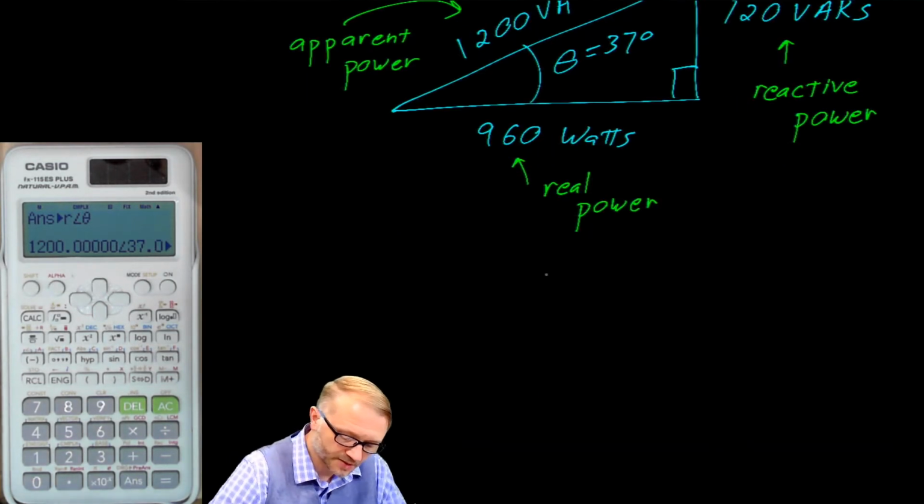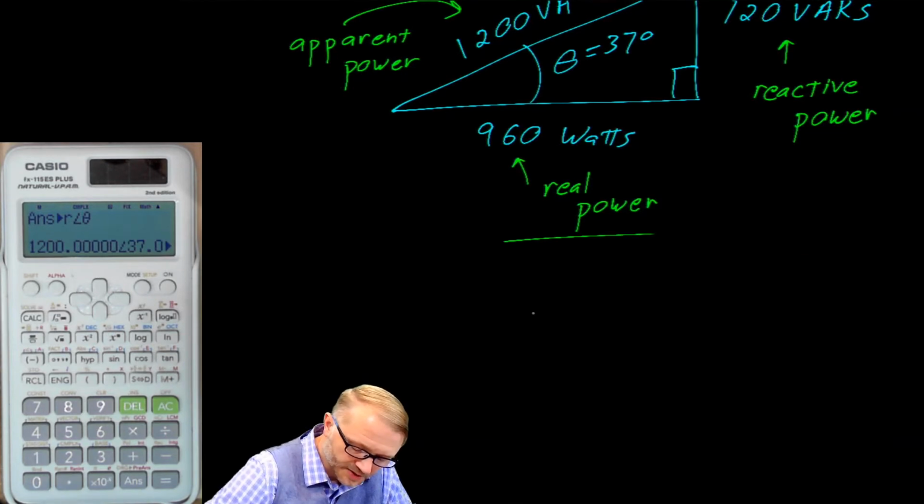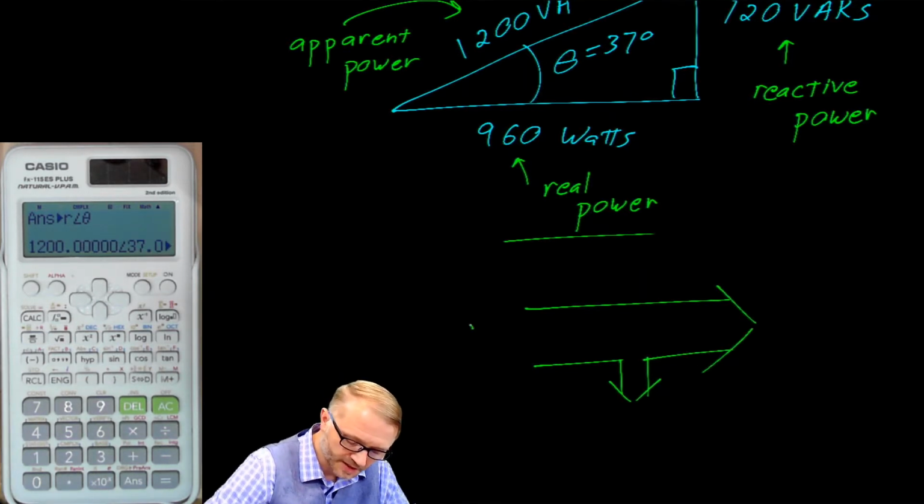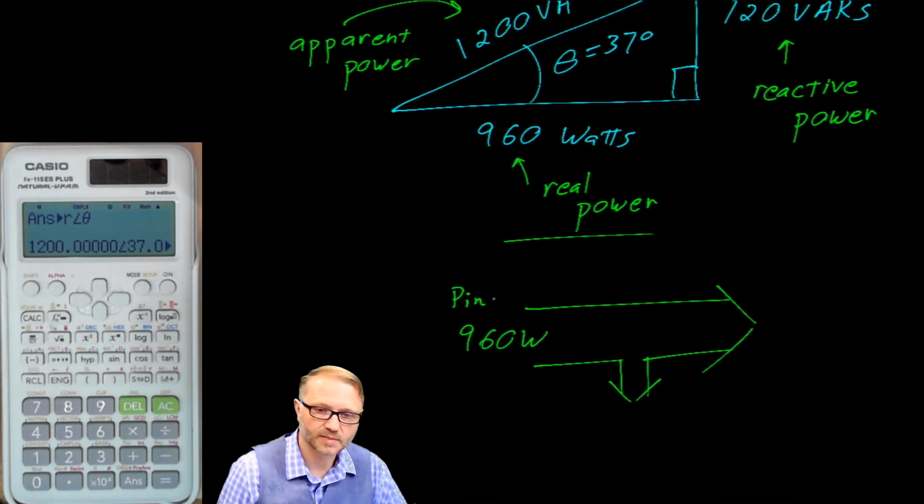Just as a side note, this real power is what is associated with our power flow diagrams. So in this particular circuit, we had 960 watts as power in to our motor.